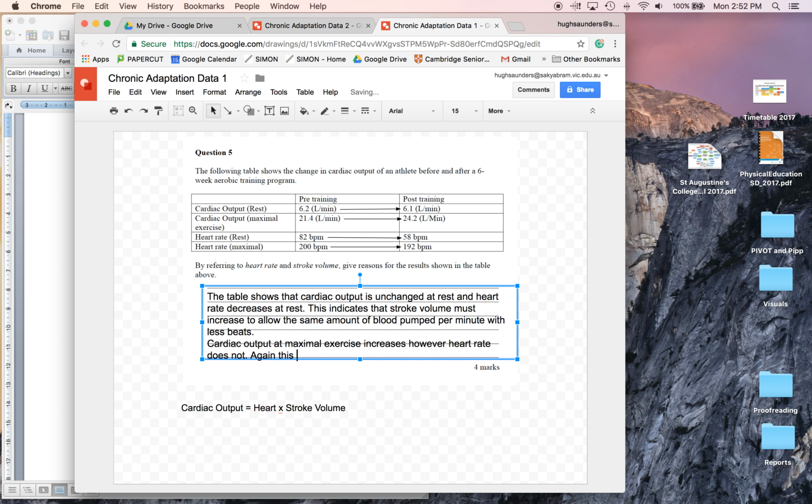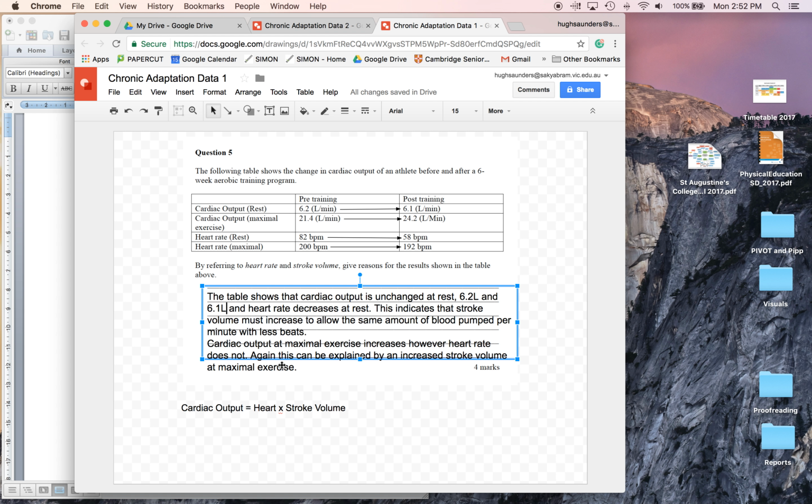Again, this can be explained by an increased stroke volume at maximal exercise. If you really wanted to, you can certainly put in some figures. The table shows that cardiac output is unchanged at rest, so we can put some figures in there, such as 6.2 litres and 6.1 litres, but probably not necessary for this question as long as you're showing your knowledge of those results.